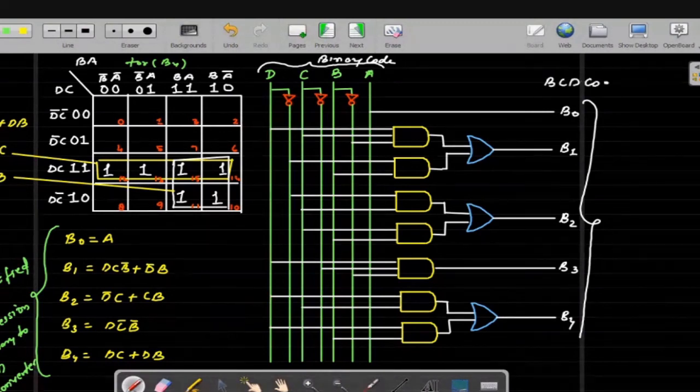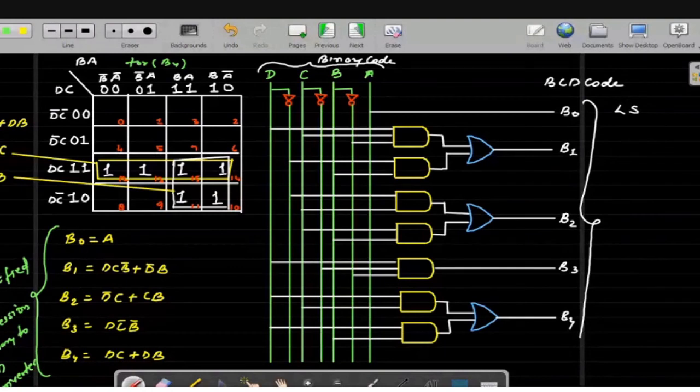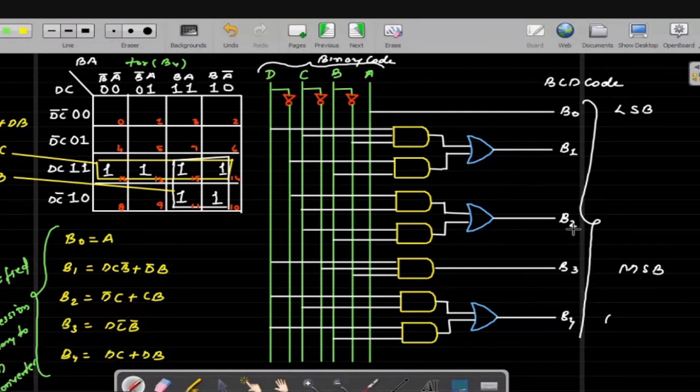And you have to keep in mind a very important concept of LSB and MSB, because this B0 is the LSB of the BCD code, and this is the MSB of the BCD code. In general, if you are considering the 4-bit case, then B0, B1, B2 and B3 together will represent the LSB part, and the remaining B4 will represent your MSB part.